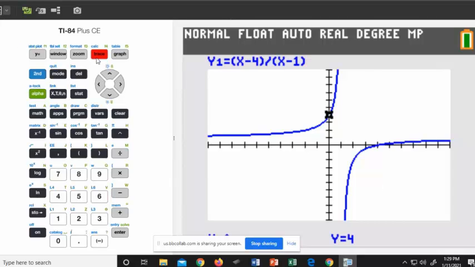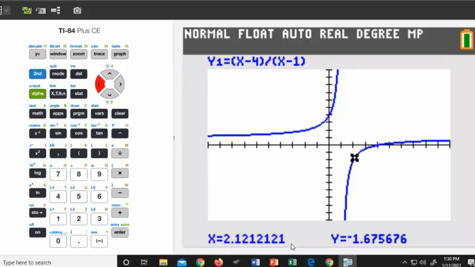So I can do the trace, and then I'm going to jump down to get on the other piece, so let me keep hitting the right arrow. If you see, we are close to x equals 2, and the y value is semi-close to y equals -2. Okay, any questions? Good.